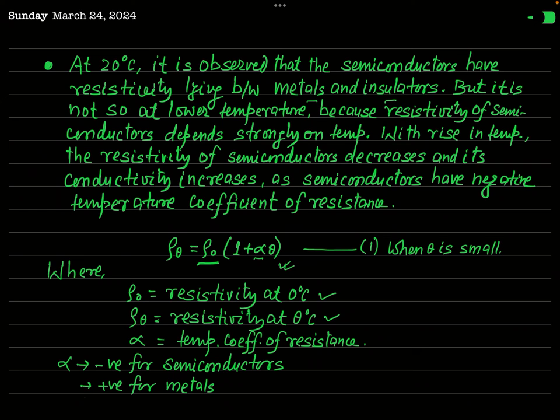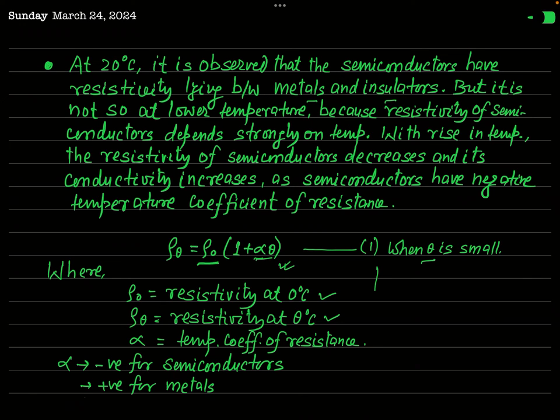You have definitely learned about this formula in your lower classes, in fact, in your physics course at 12th level. Actually, this formula which I have written, rho theta is equal to rho 0 times 1 plus alpha theta, holds when theta is small.